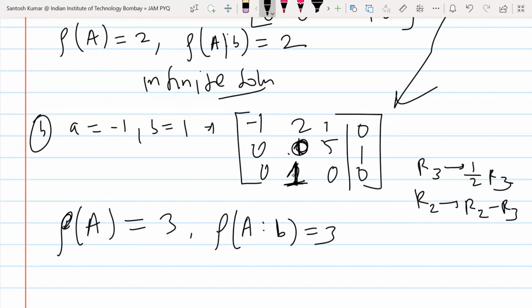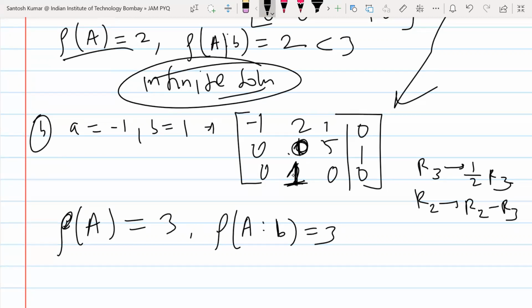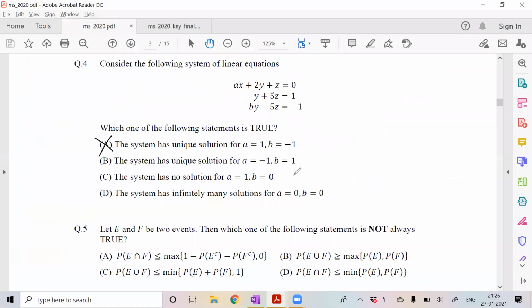Both are equal and equal to the order of A. Earlier, less than 3 meant infinite solutions, but 3 means you get a unique solution. Option B says unique solution, so yes, it is the correct option. Since this is a single correct option, this is fine, but we can check more options.